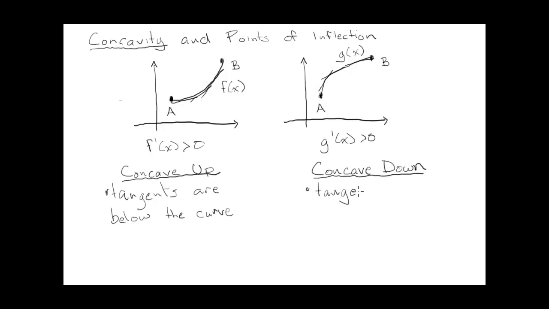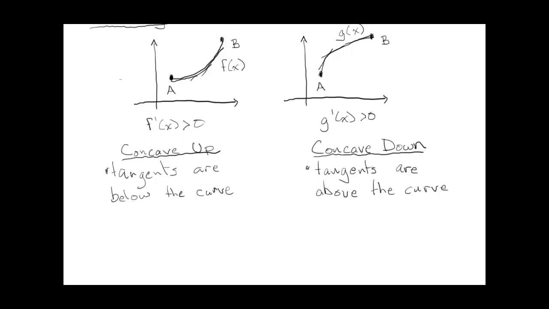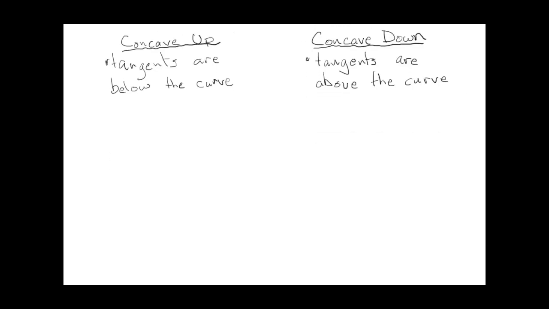And that's how we'll define concave up and concave down. So concave up means tangents are below the curve. Concave down means tangents are above the curve.